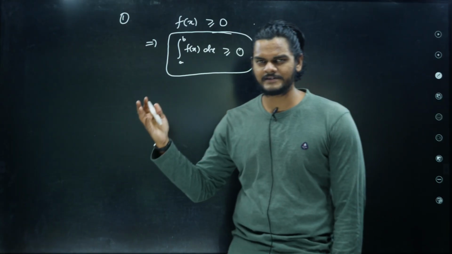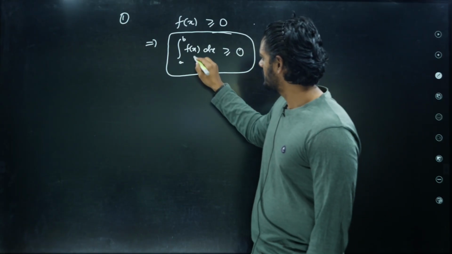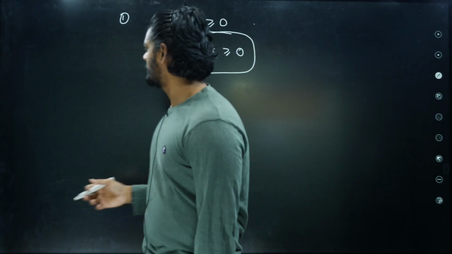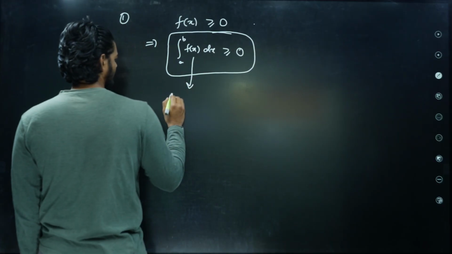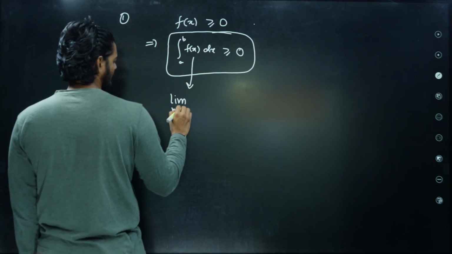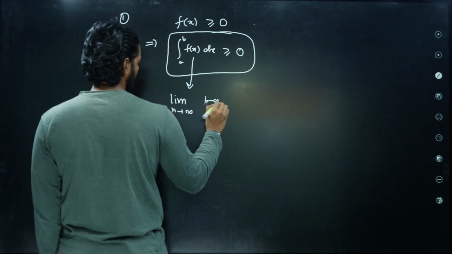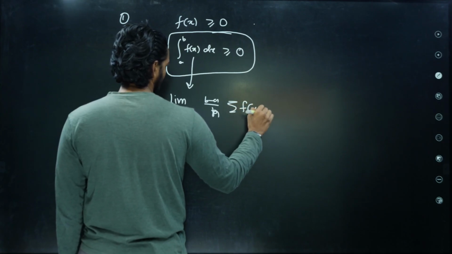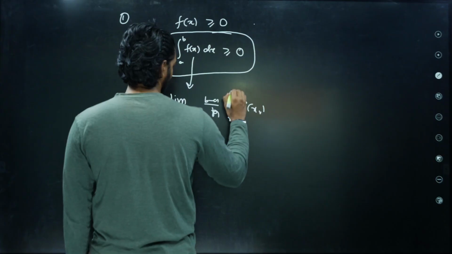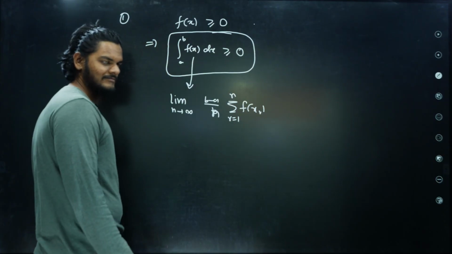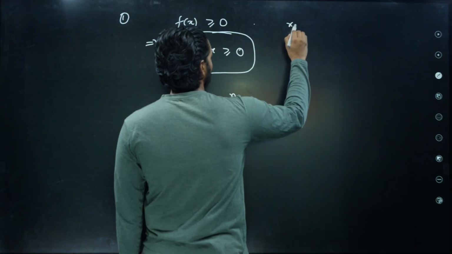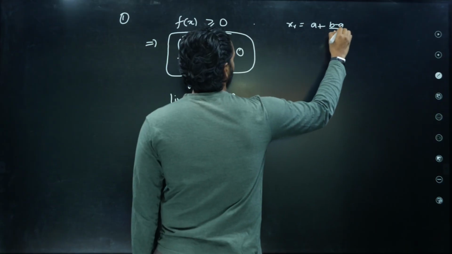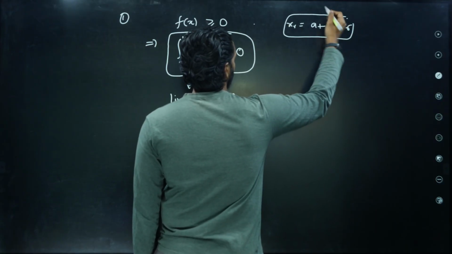Although it looks very obvious, it is kind of obvious because this is a sum over positive stuff. Because this is the limit n tends to infinity of (b minus a) by n into the summation of f of xr. By the way, what were these xr? We've seen that xr are basically a plus (b minus a) by n into r, right?